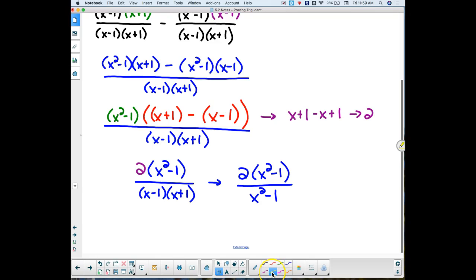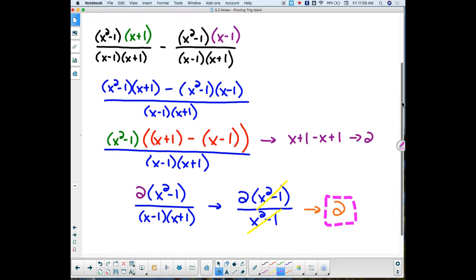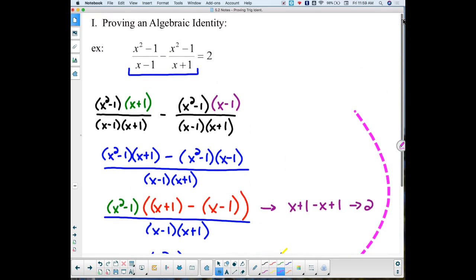And then these cancel each other out. So that leaves me with 2, which is important because that is what I needed it to be. Okay.